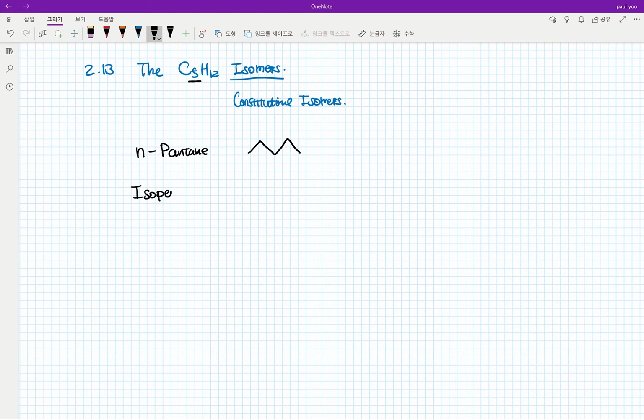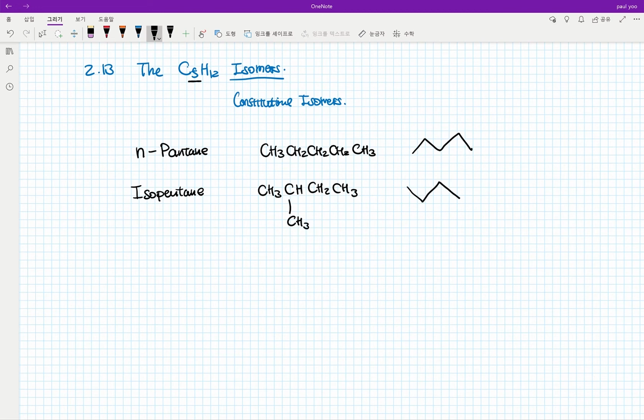Then isopentane. Let me actually draw a condensed formula or bond line formula right here. Isopentane looks like this, and you shall see that as isopentane.